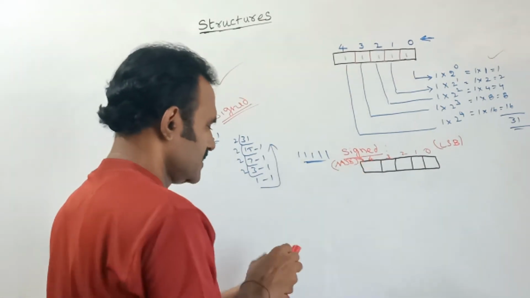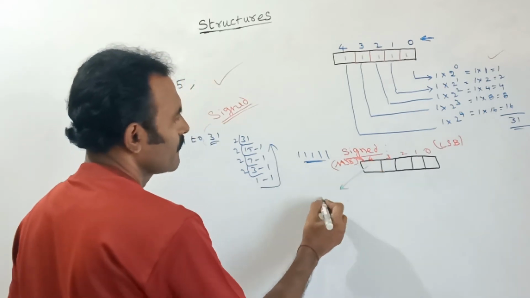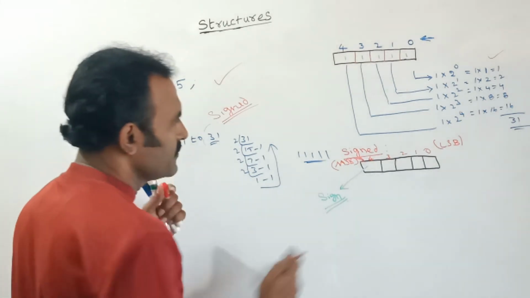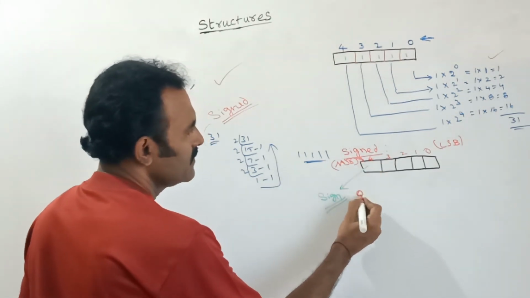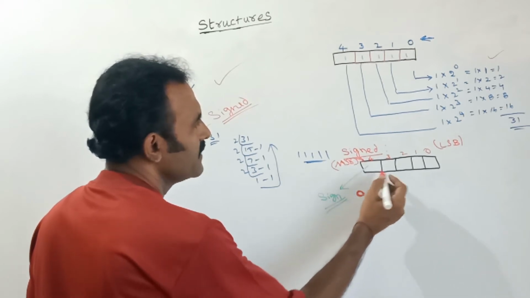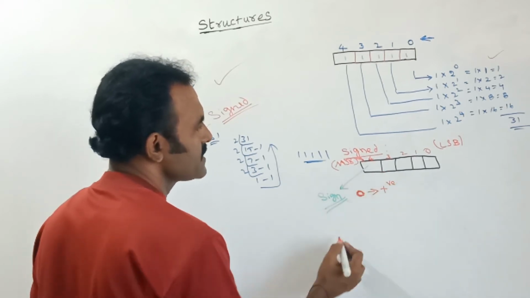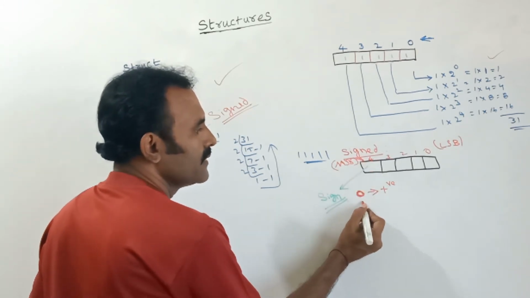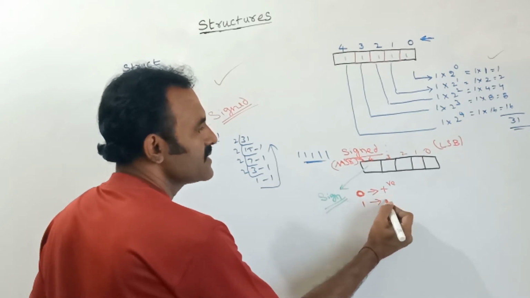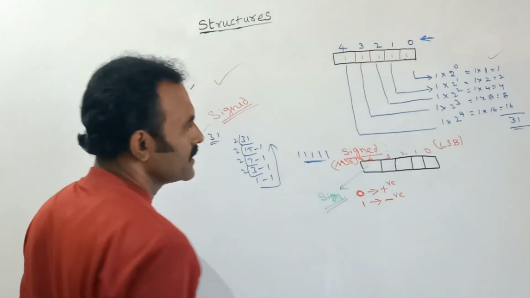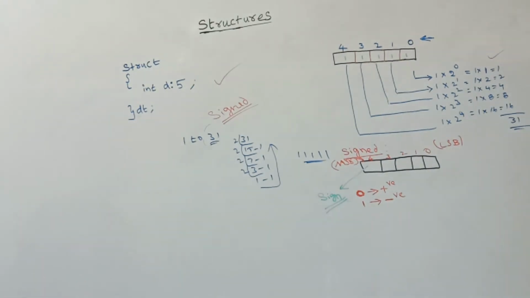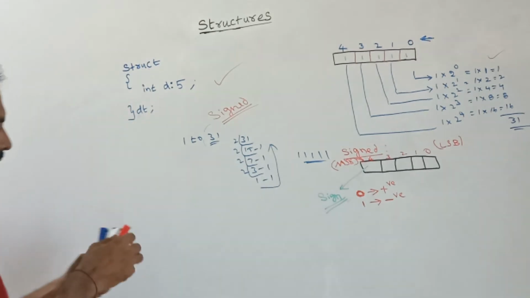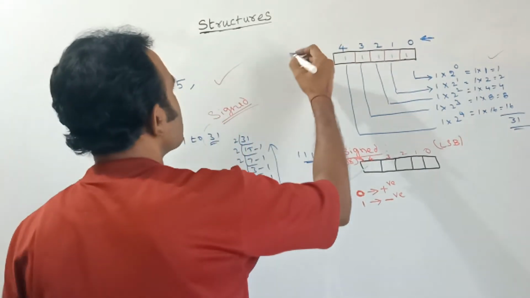This is used for the sign. That is, if this bit value is 0, then it tells that the given number is a positive number. This is the sign. Suppose in this bit the value is 1, then it shows that the given value is a negative digit. See, after declaring without unsigned, this is signed; if it is unsigned, then it is right. This is unsigned for unsigned integer.